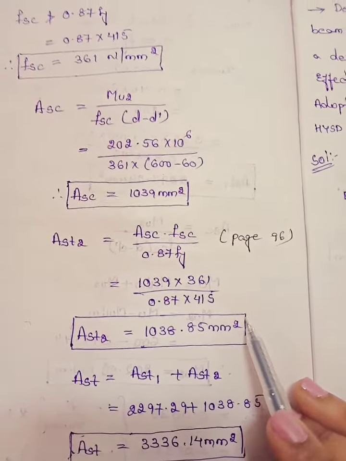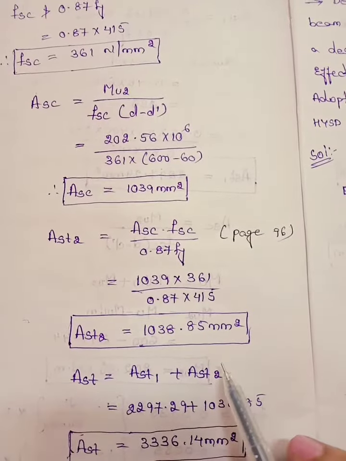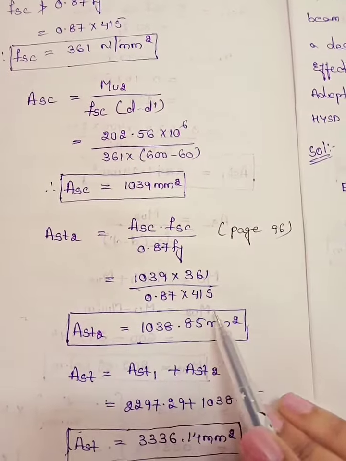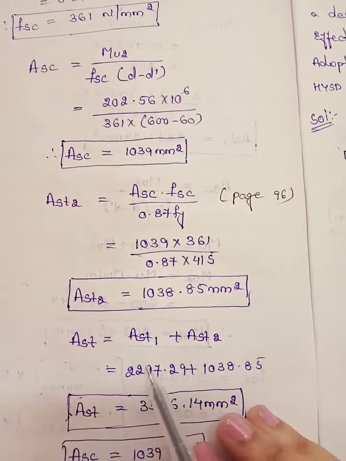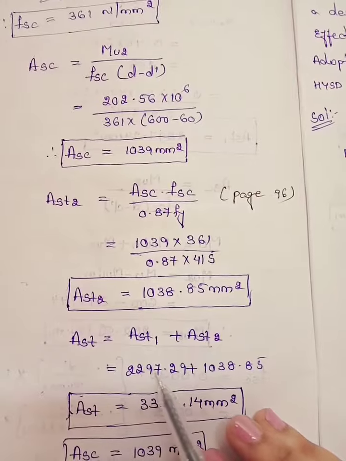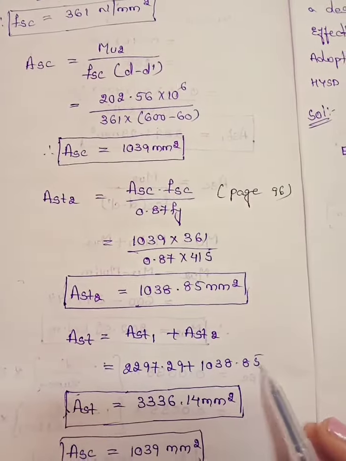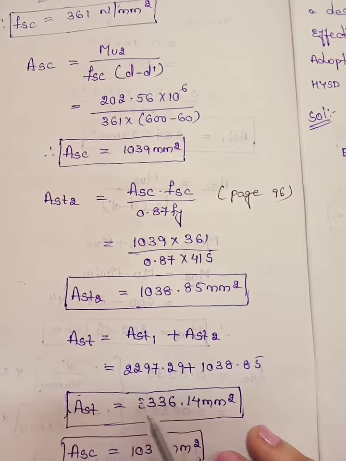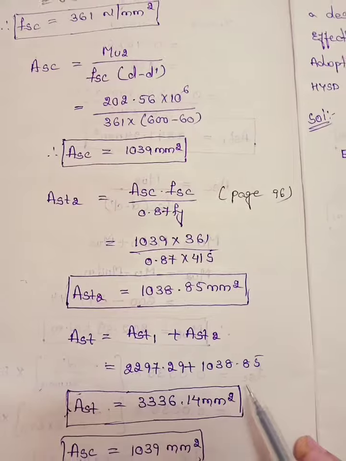So to get the AST, what do we require? We want AST1 and AST2. So we have calculated AST1 and AST2. So the sum of those two will give the AST, right? So substitute those values. AST1 2297.29 and AST2 1038.85. So AST is equals to 3336.14 mm square.